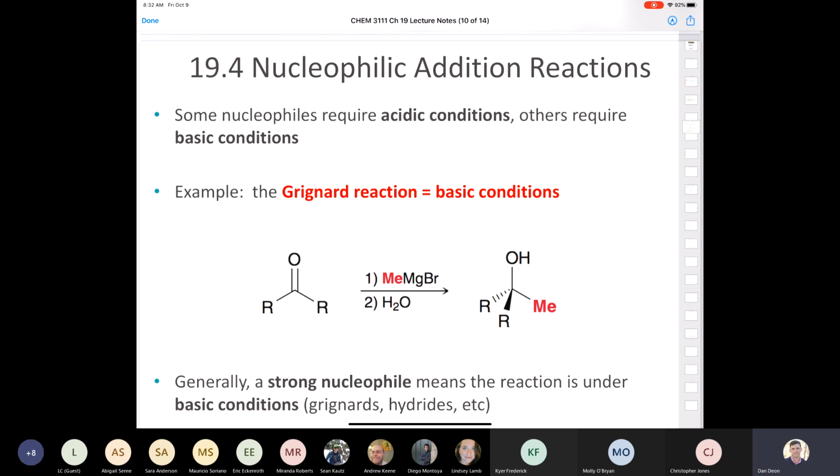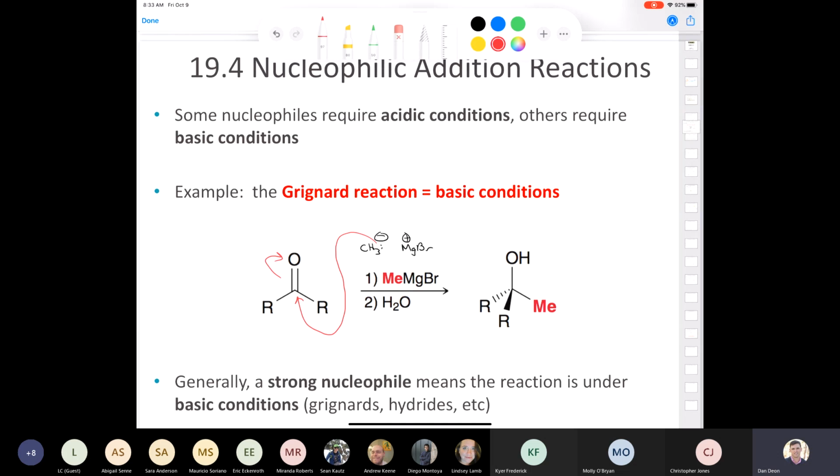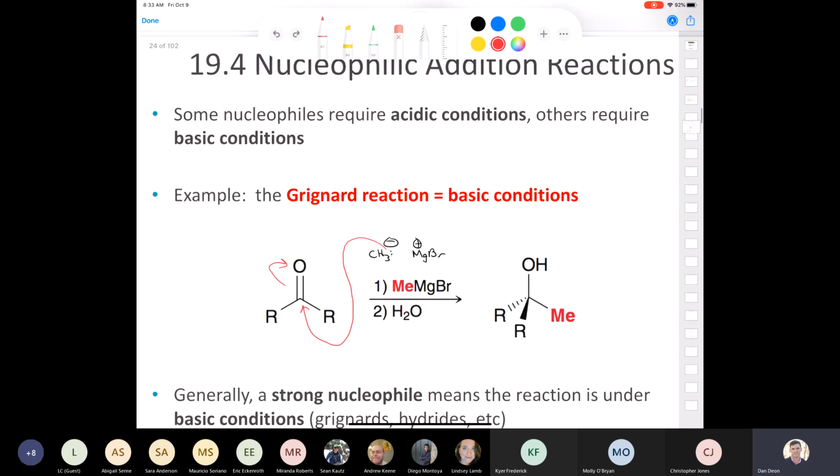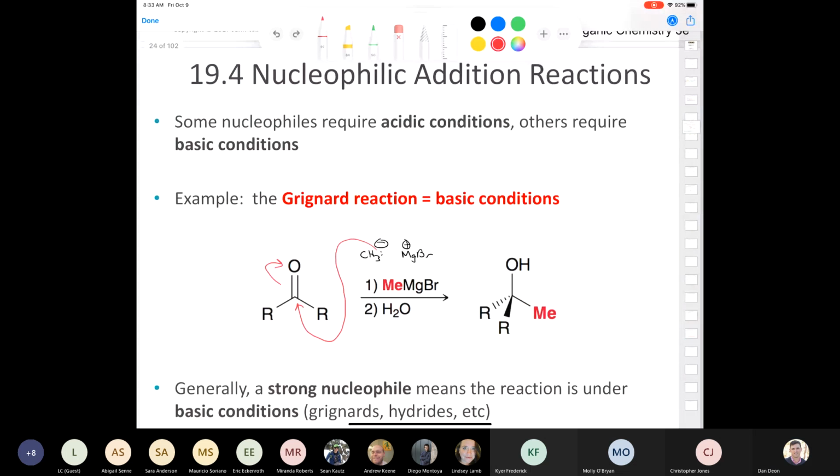If we take a ketone and treat it with this Grignard reagent, methyl magnesium bromide, what's going to happen is our methyl magnesium bromide, and again, we could write CH3 like it's a carbanion, this carbanion is a nucleophile that attacks the carbonyl, and then the second step is protonation. I'm not drawing that in, but this requires basic conditions.